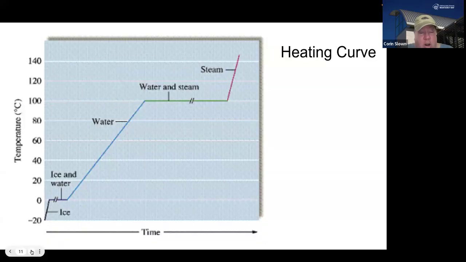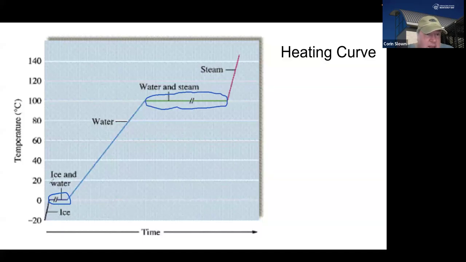Yeah, it'll show us the phase transitions. So really interesting, I feel like sometimes when we talk about this in a general chemistry context, it's usually taught as though that change is instantaneous, but the reality is it's not. So there's a period where it's a mixture of ice and water, and a period where it's a mixture of liquid water and steam.